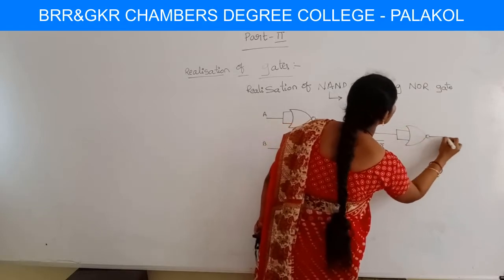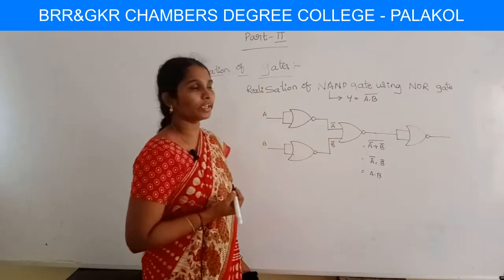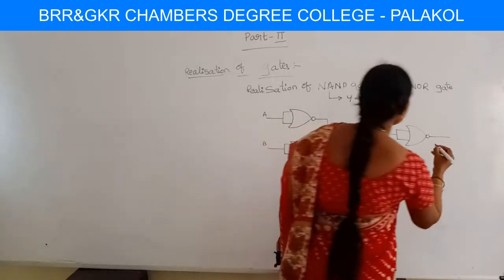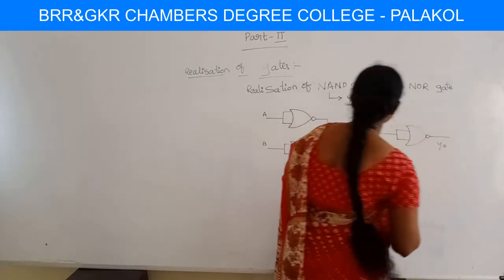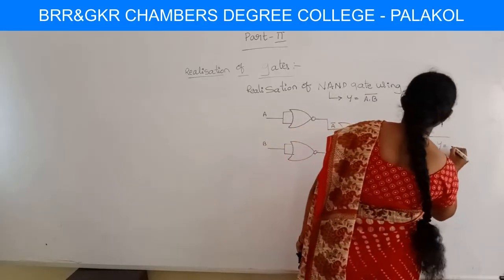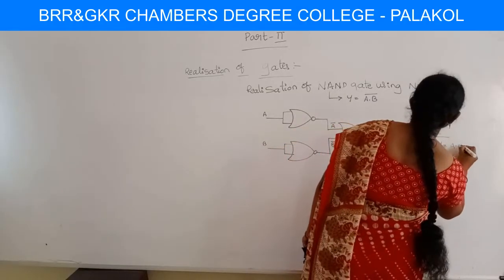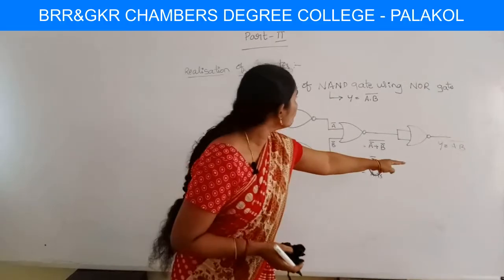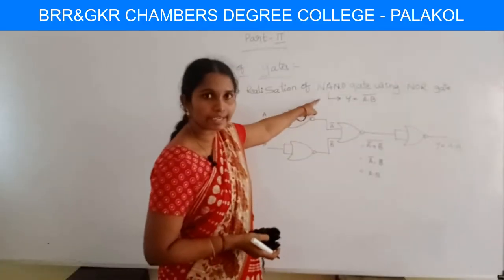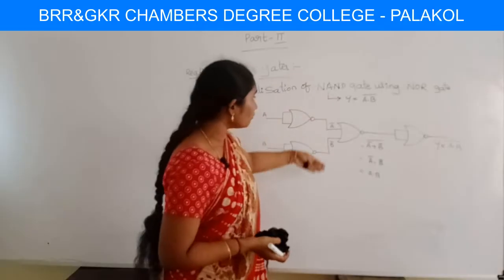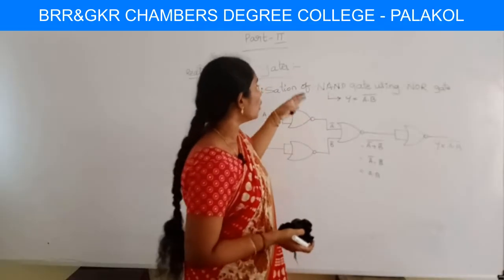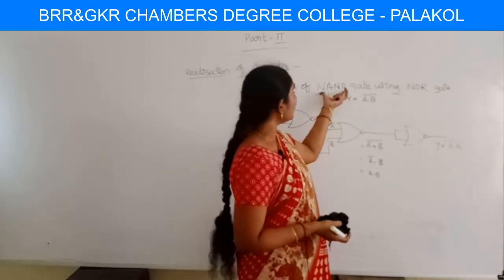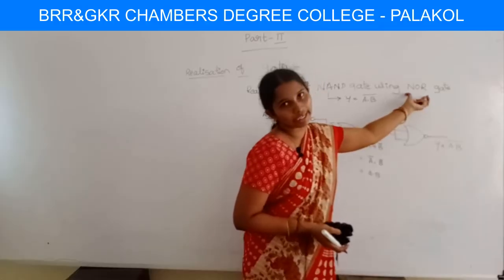So here another NOR gate. So therefore the output is Y is equal to A dot B whole bar. Okay, so this is the output of the NAND gate. So likewise you have to realize the NAND gate by using NOR gates.